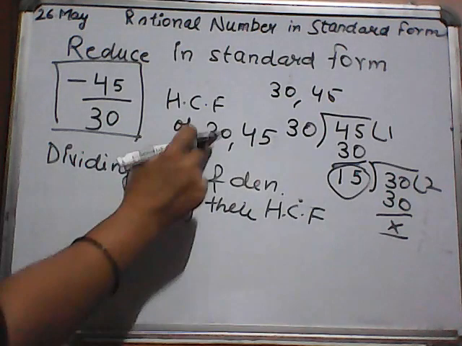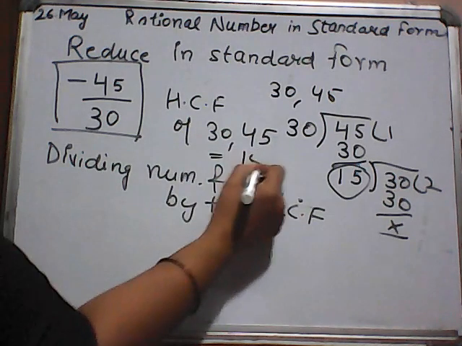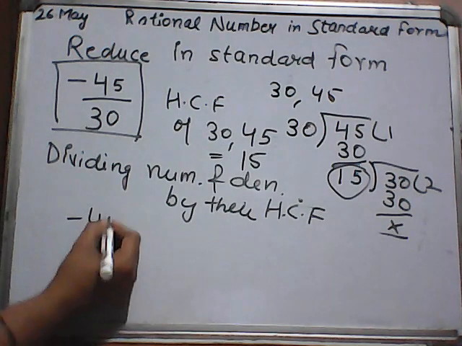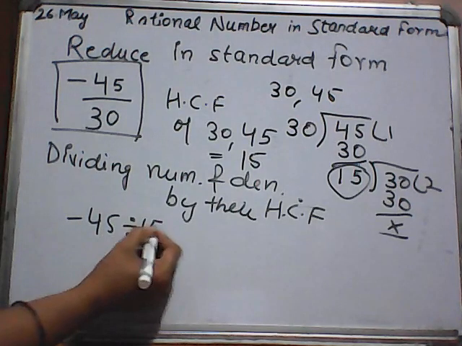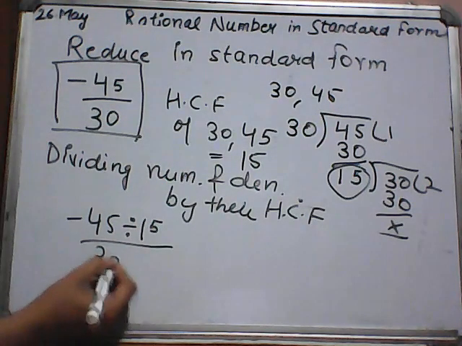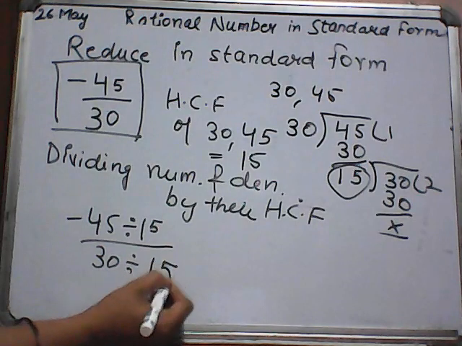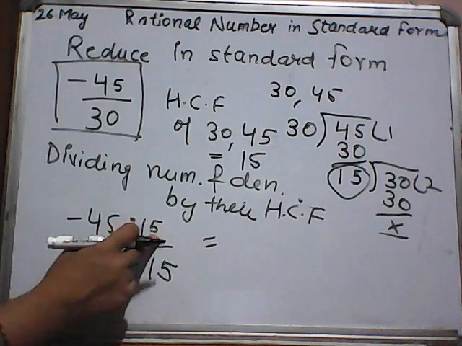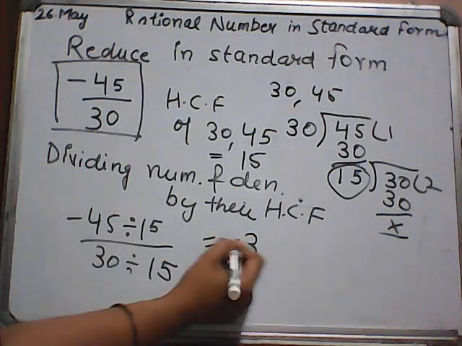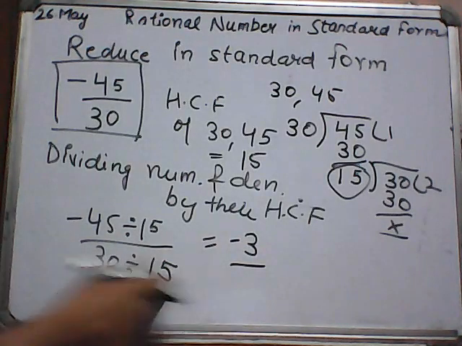What is the HCF of 30 and 45? 15. So divide numerator by 15 as well as denominator by 15. 45 divided by 15, 3, so minus 3. 30 divided by 15, 2.